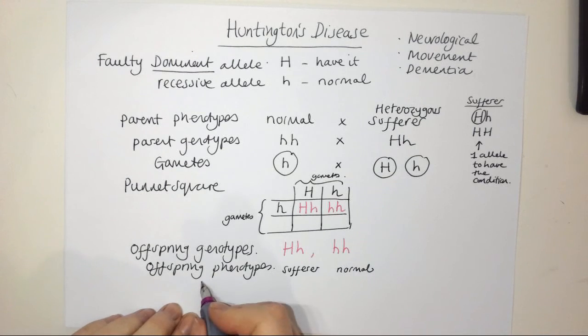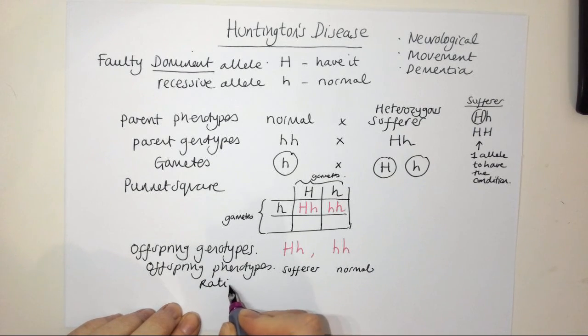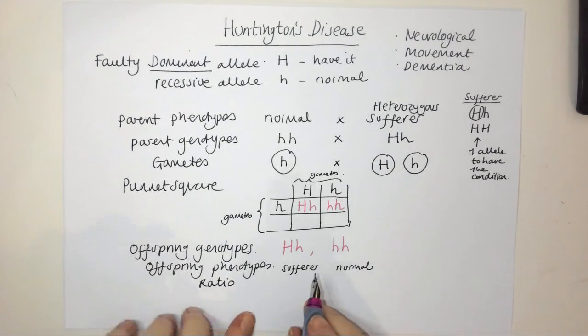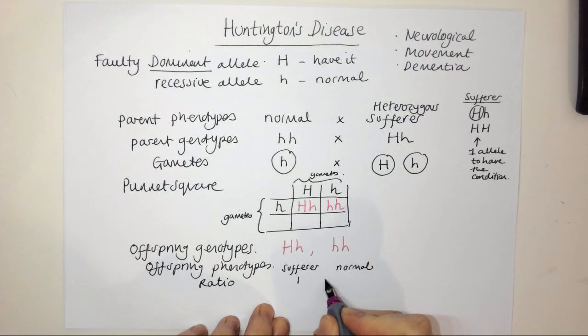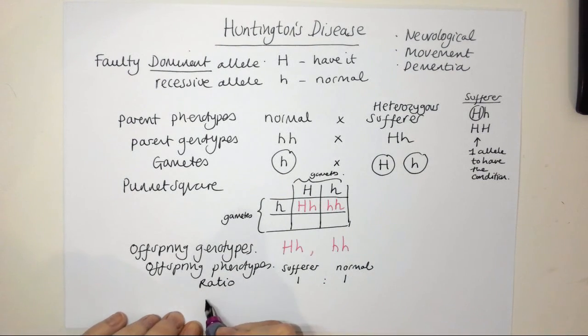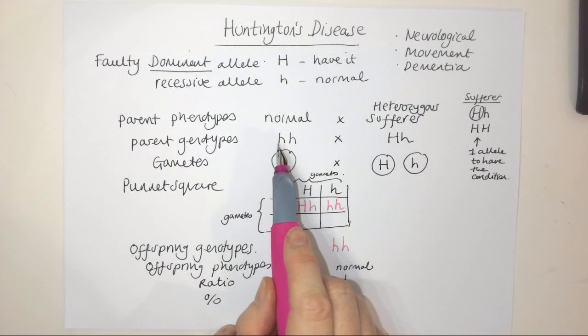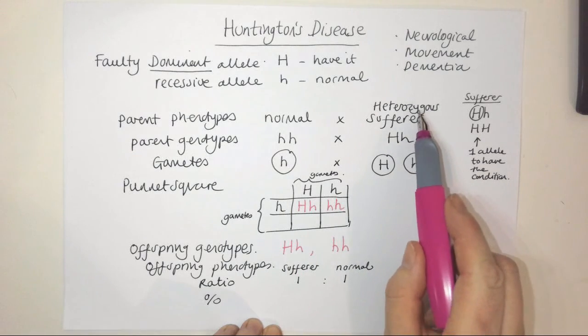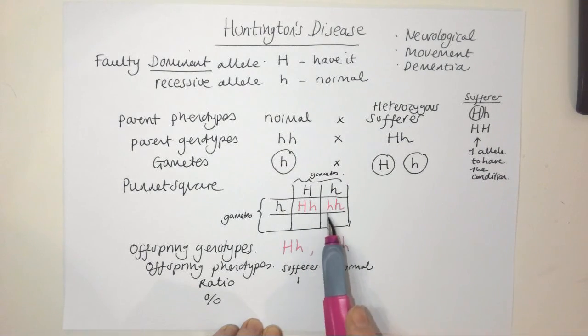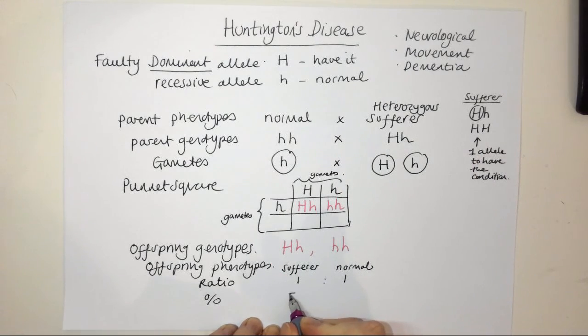We have a ratio then, the probability of the offspring, of 1 to 1. So there is a 50% chance of somebody who does not have the condition and somebody who is heterozygous for the condition having offspring with the condition. That actually seems quite high, doesn't it?